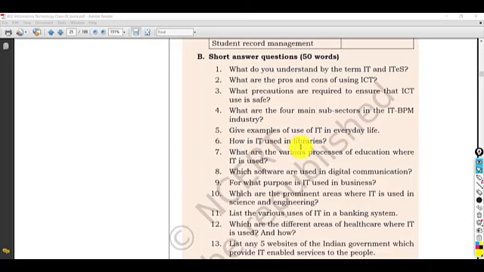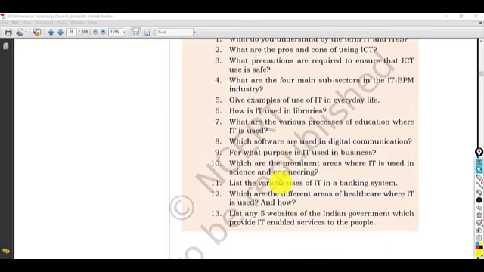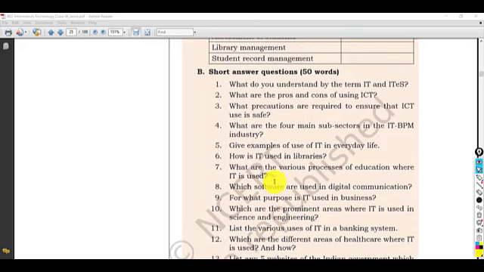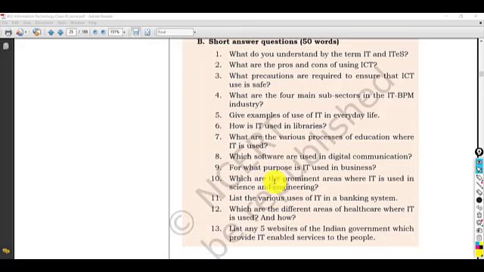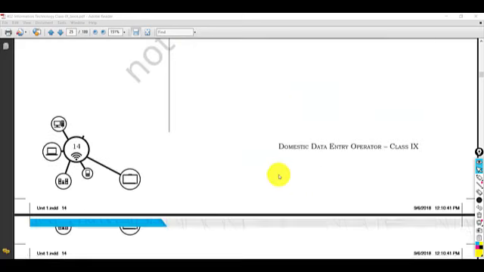How is IT used in a library? These are the short questions. According to these short questions, you should also prepare your notebook and complete the writing part.